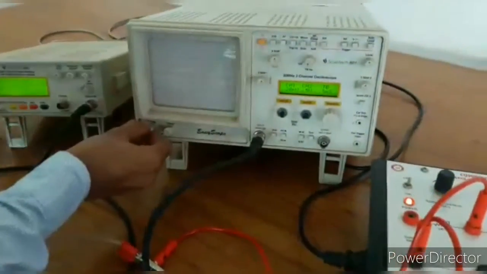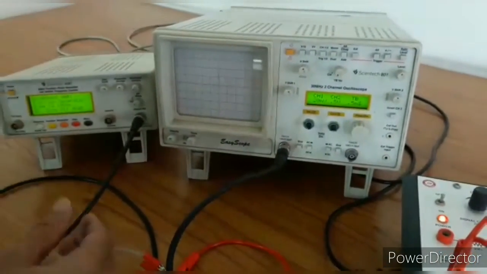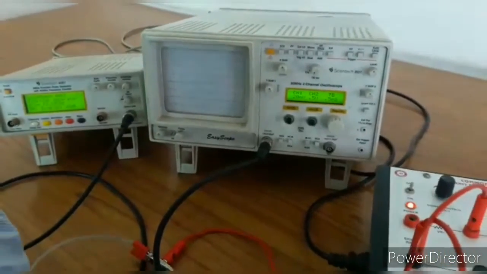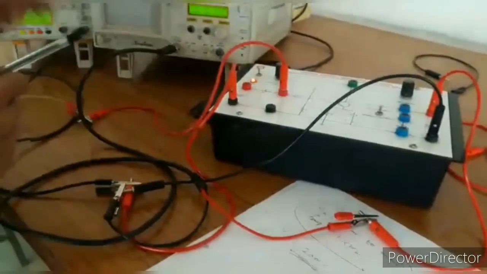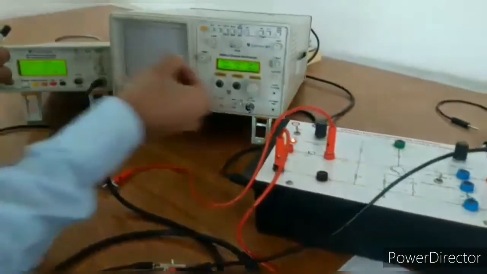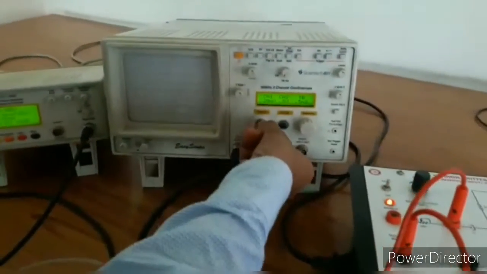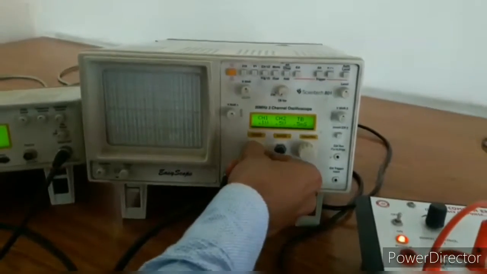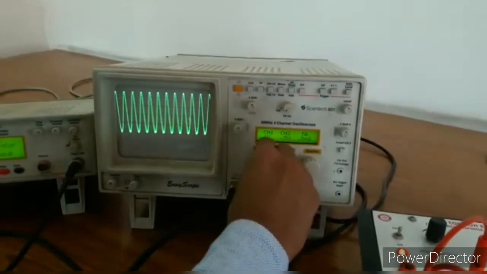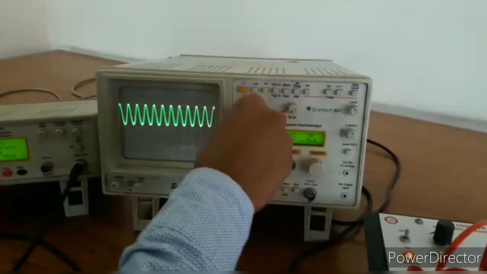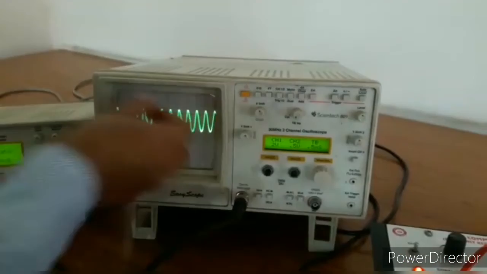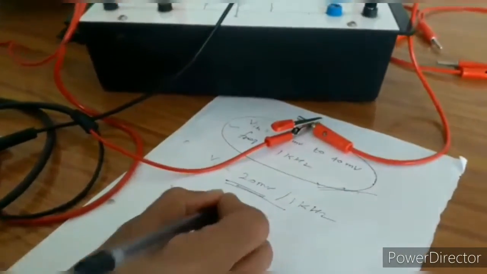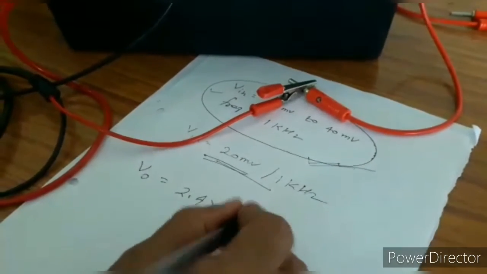In the CRO we are observing that this small amplitude has been amplified by this amplifier, and to see it we have to change its range. By keeping this knob in high range we can see the amplified output. Now it is almost 2.4 divisions, so the output voltage will be 2.4 into 2 volt.